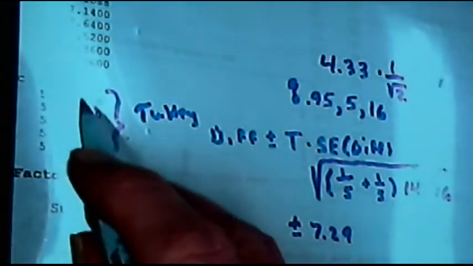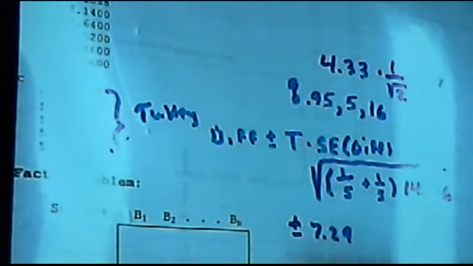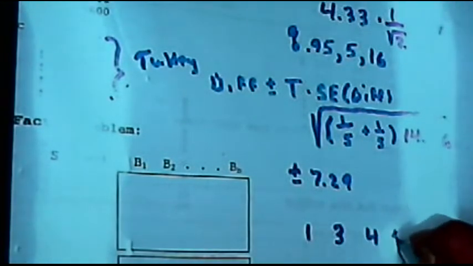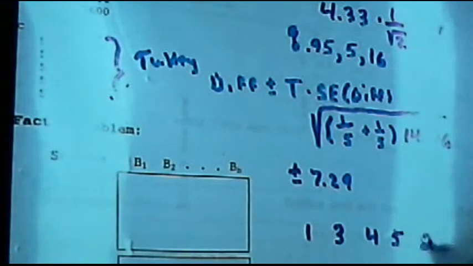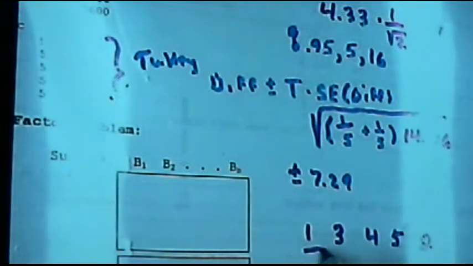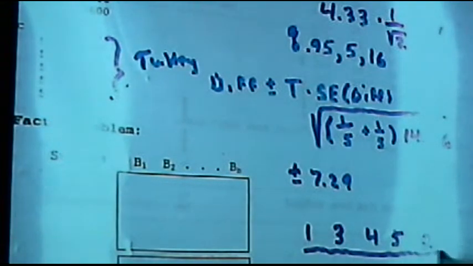So if I try to arrange these in an underlining fashion, I would start with group 1, then group 3, then group 4, then group 5, then group 2. So there's the groups arranged in increasing value of the mean.